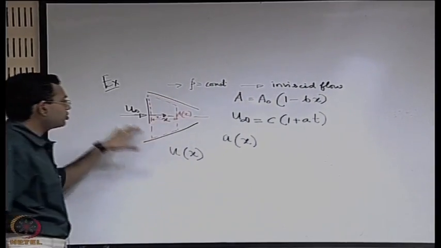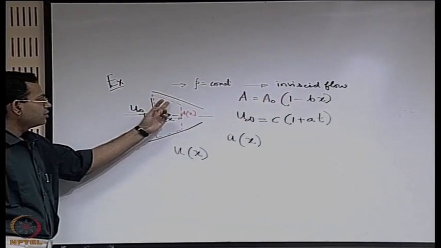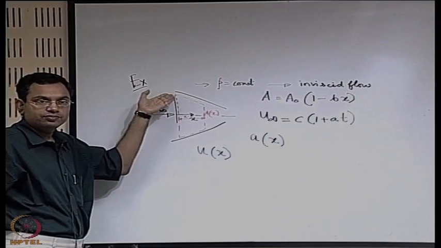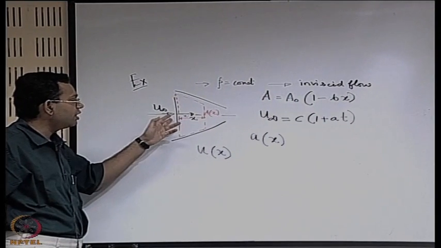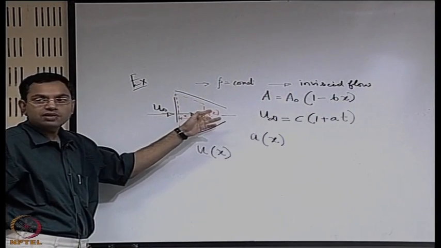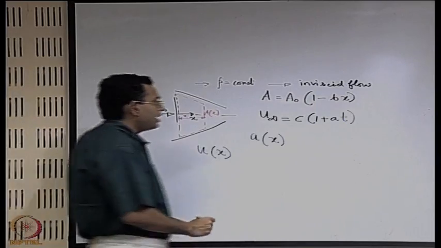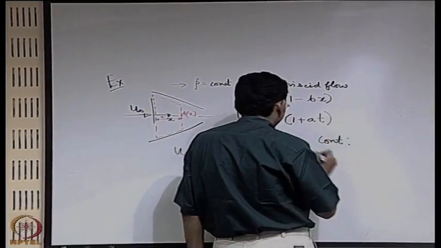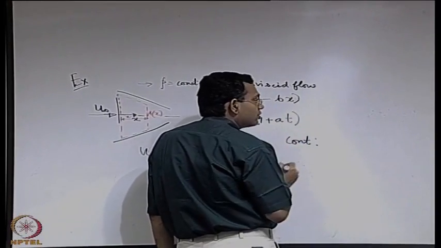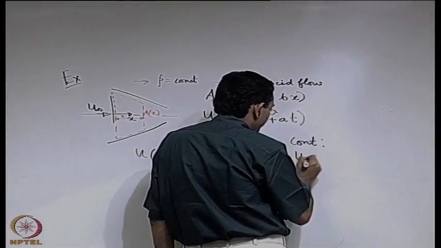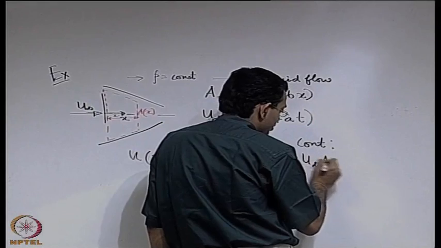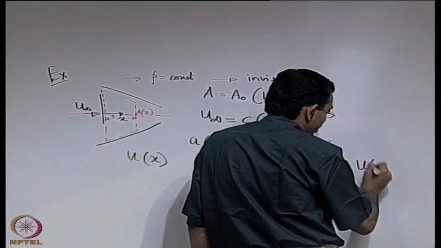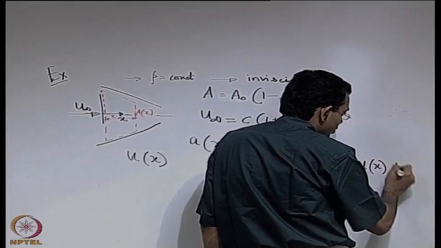See, in this control surface, the lateral surfaces are surfaces across which there is no flow. So, only flow is through the inlet and through the surface at x. So, you can write from the continuity equation, it is density equal to constant, so it is as good as u infinity into A naught is equal to u at x into A at x.